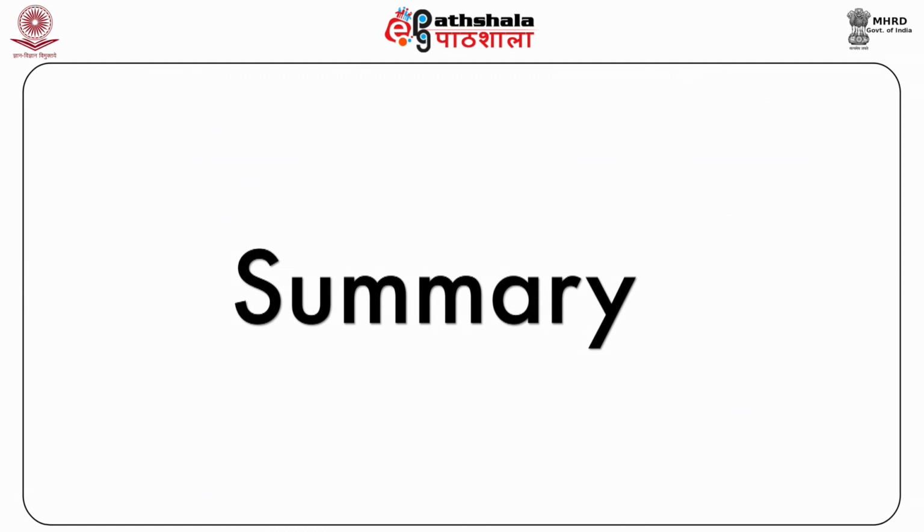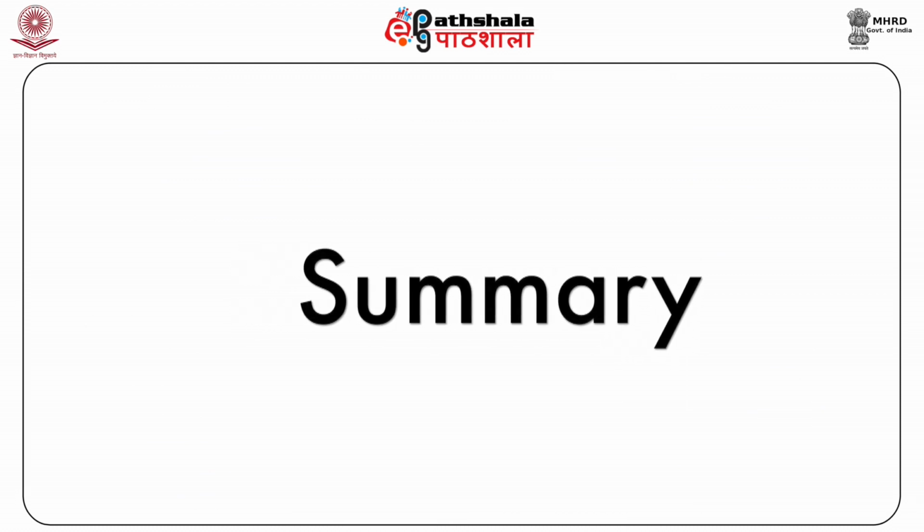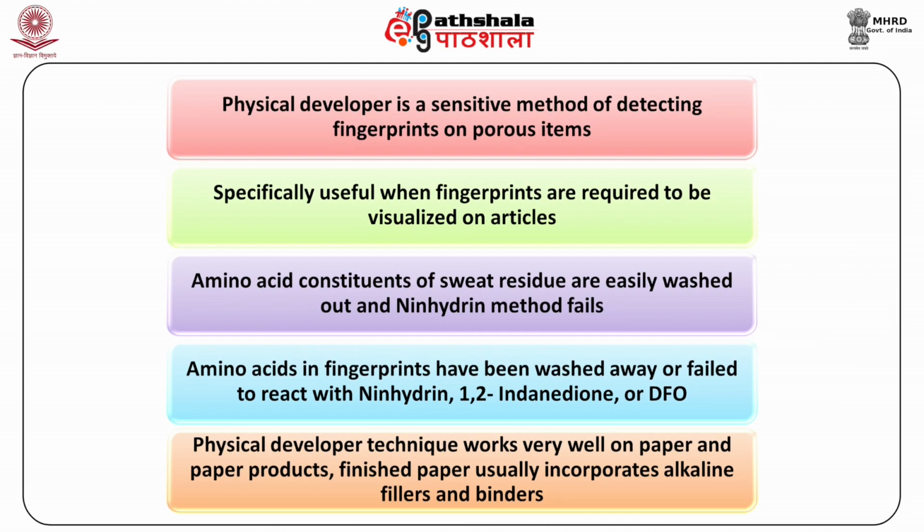Now, my dear students, let us summarize this chapter. So, after reading this chapter, we have learned that physical developer is a sensitive method of detecting fingerprints on porous items. It is specifically useful when fingerprints are required to be visualized on articles which have been deliberately or accidentally wetted.